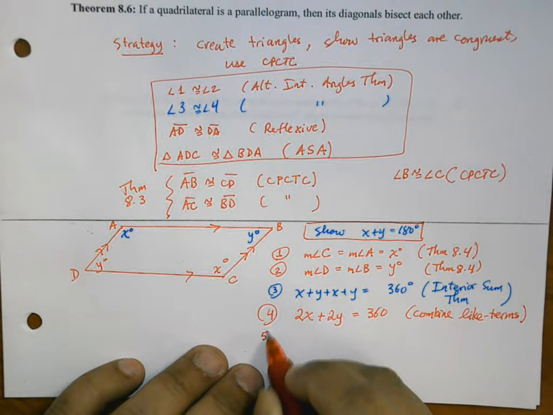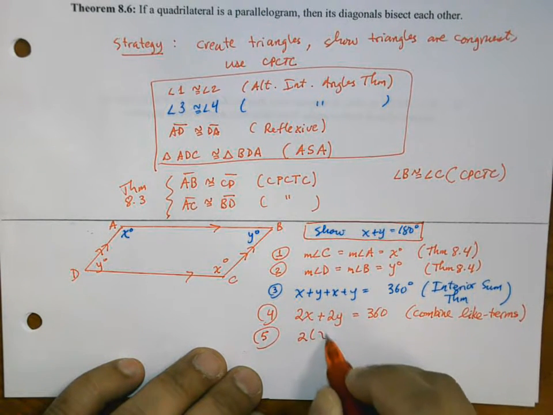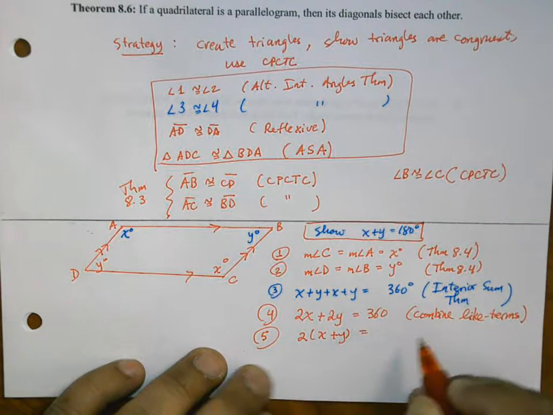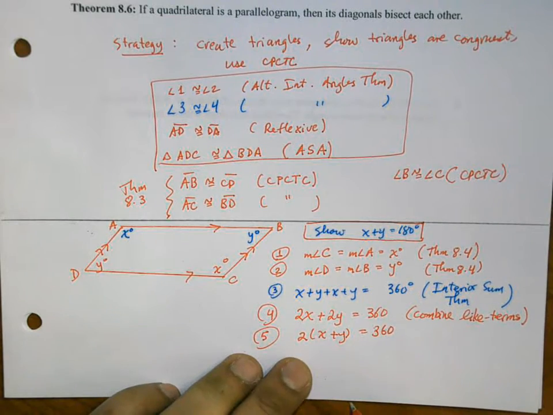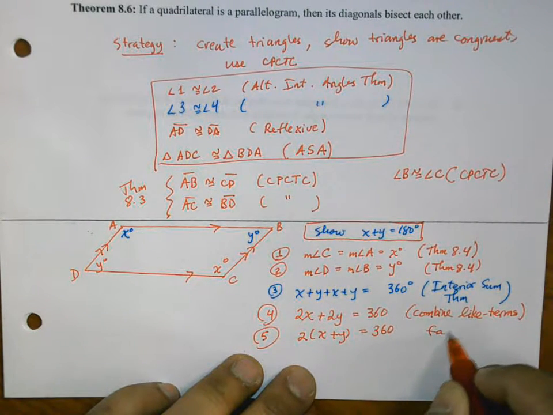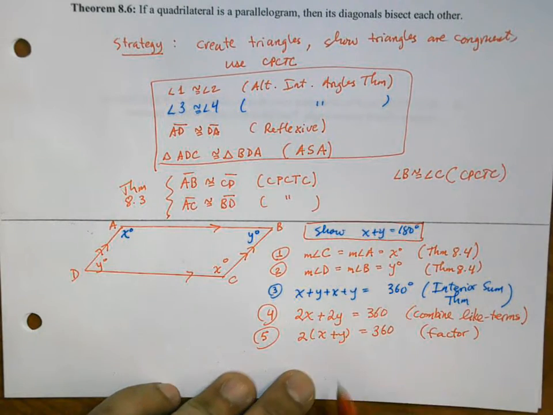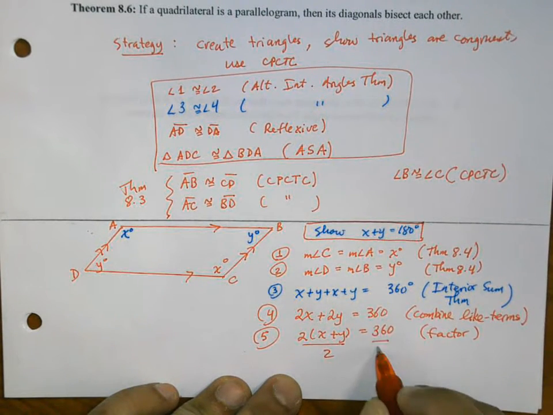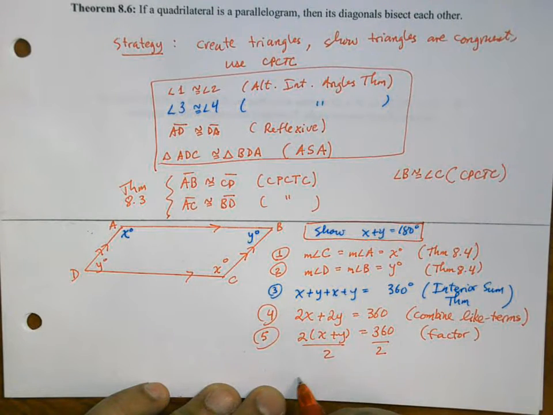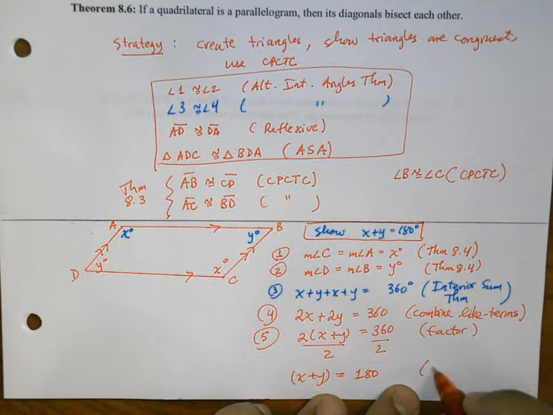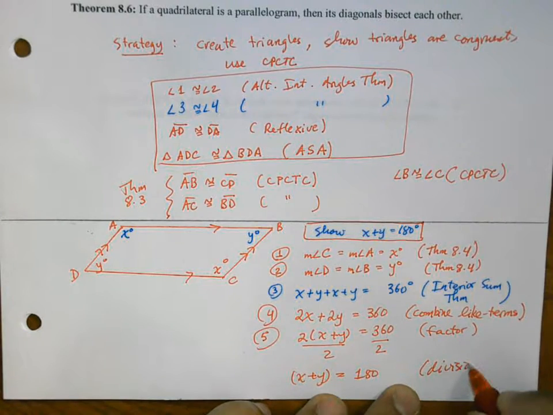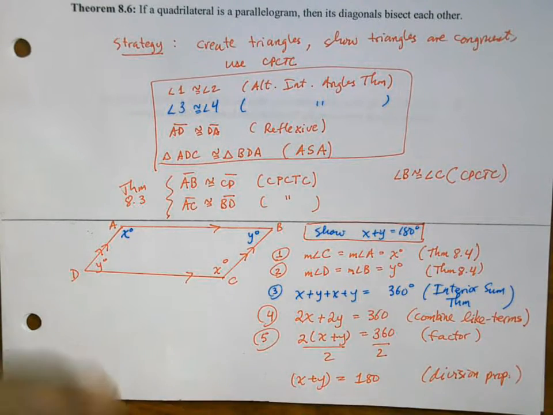Then I'm going to factor out the 2, so 2 times (X plus Y) equals 360. Then divide both sides by 2. On the left side we have X plus Y, and on the right side we have 180. This is the division property. And there you have it.